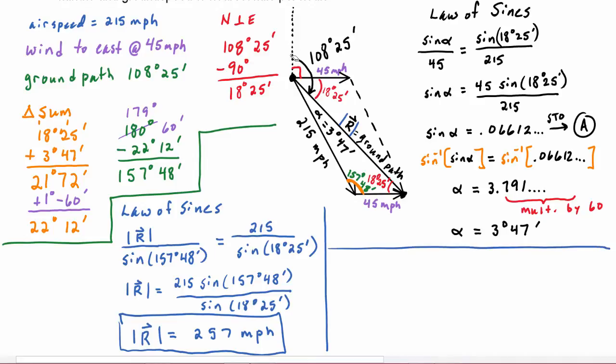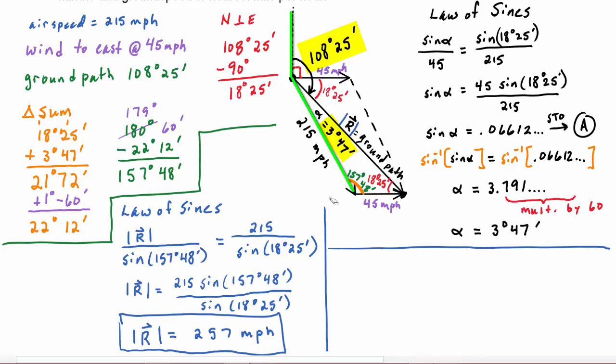Now we also had to find the bearing that she needs to point the nose of the plane. We know that the bearing from north to the resulting ground path needed to be 108 degrees 25 minutes, and we can see that this angle right here is 3 degrees 47 minutes, so that's how much more she needs to point the nose of the plane to get to this vector.